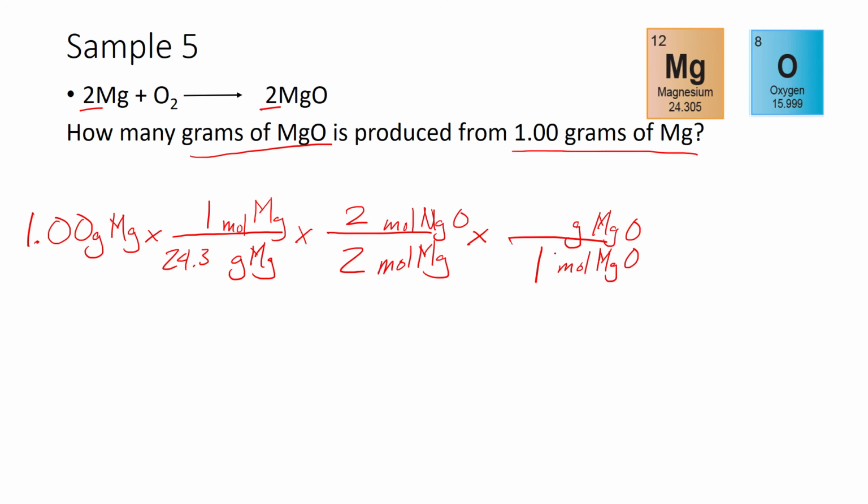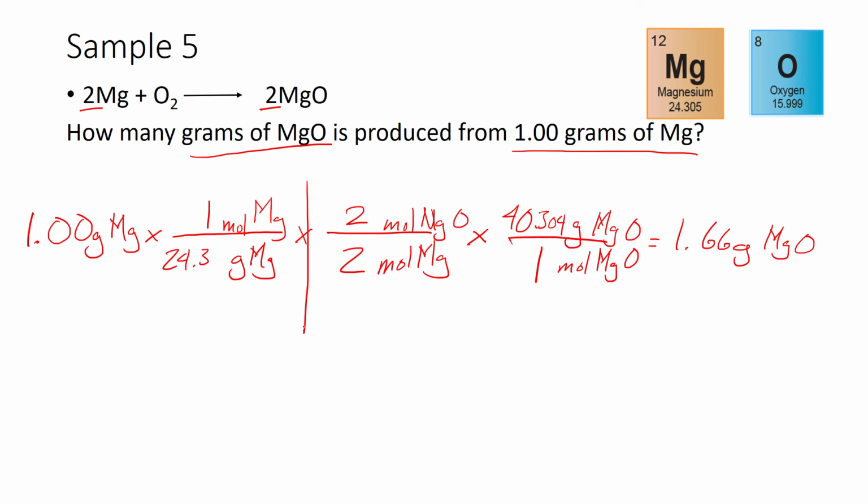And I know that 1 mole of magnesium oxide weighs around 40.304. So when I do all this math, I get 1.66 grams of magnesium oxide.